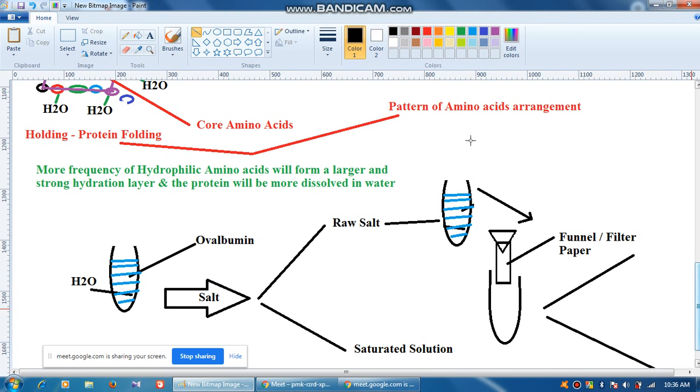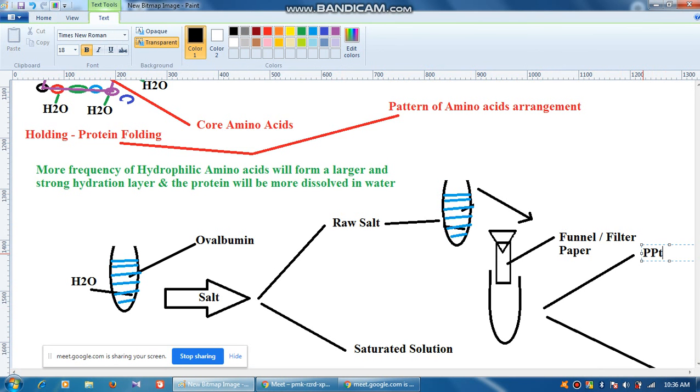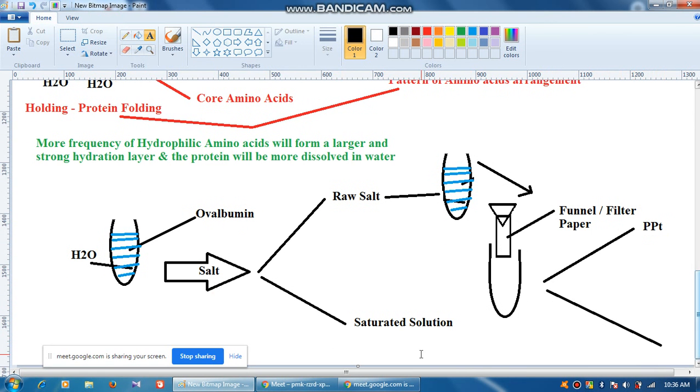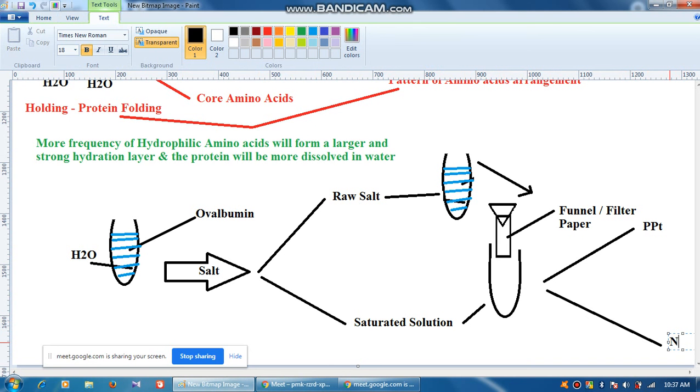In option 1 we saw that precipitates were generated. Carefully see the PPT. In the other case, we added saturated solution directly to the ovalbumin solution, and then we put the filter. In this case we did not see any precipitate, no precipitate. Then I'll explain why exactly this has happened.